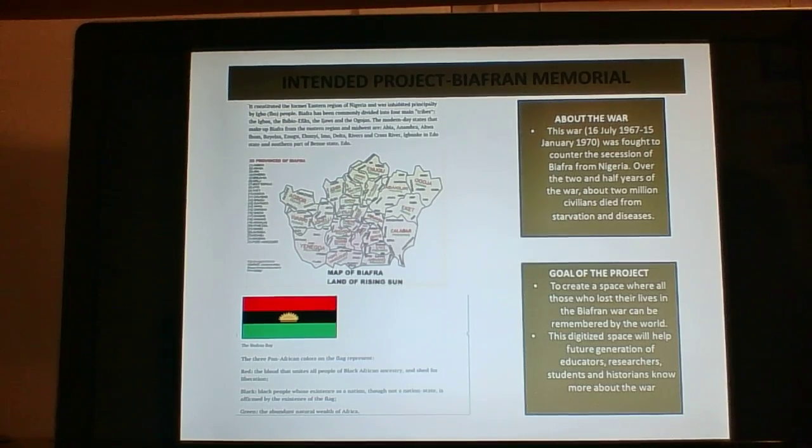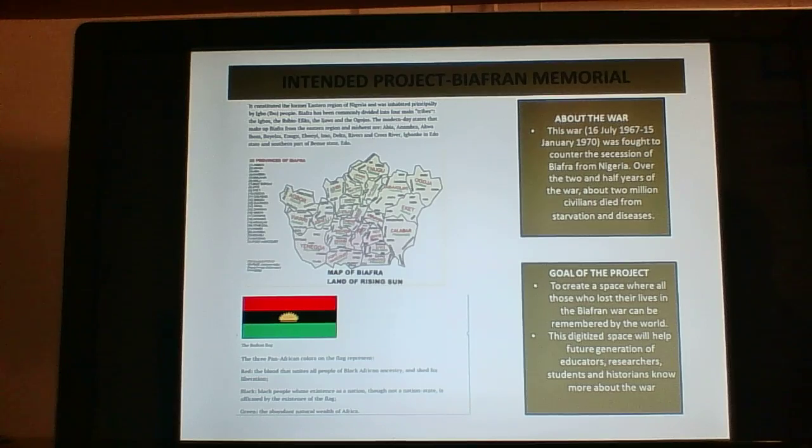I did my research and I found that not many websites are based on the Biafran War or have factual information on it, and so I intend to build this project where information on the Biafran War would be housed. So the goal of the project is to create a space where all those who lost their lives in the Biafran War can be remembered, not just by Nigerians, but by the world.